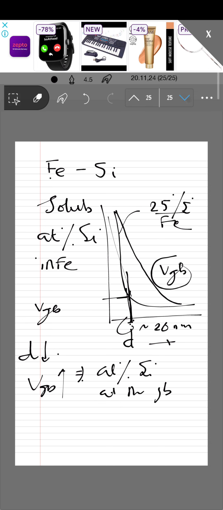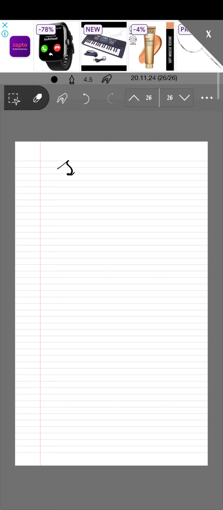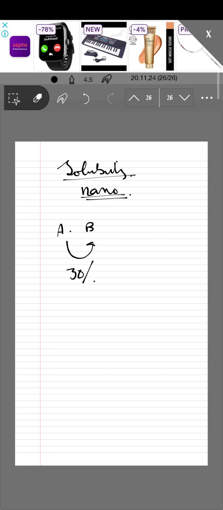Now, due to this enhancement of solubility in the case of nanomaterials, many alloys have been transformed into a more soluble state. That means if there is an alloy of A and B where the solubility limit or the terminal solubility was 30%, it was not able to go any further beyond that.